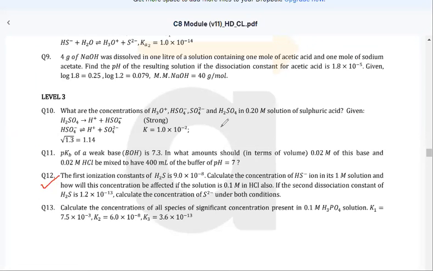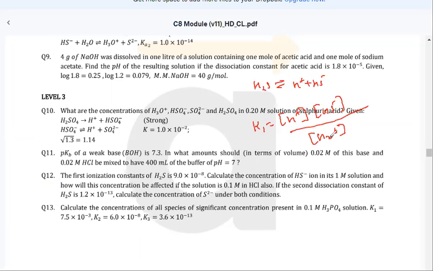So H2S will break down into H plus plus HS minus, because it is specifically mentioned that we have K1. K1 is equal to concentration of H plus into concentration of HS minus divided by concentration of H2S.